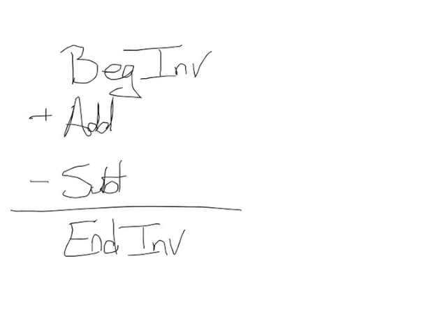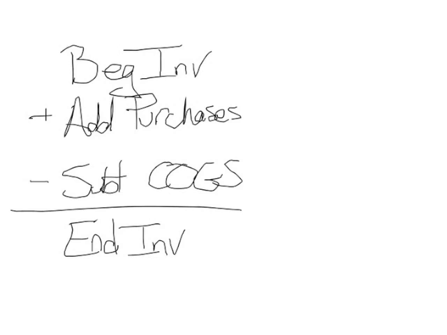Well, what gets added to inventory to make our inventory increase? Will it be new purchases of inventory? So we would add purchases. What leaves inventory? Well, as we just showed you, it's cost of goods sold. So let's say that we have an inventory account here, and they give you three figures.